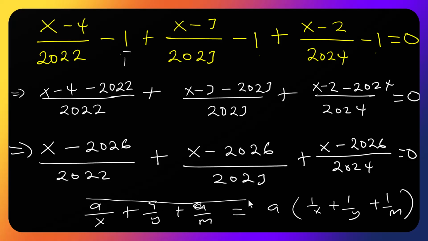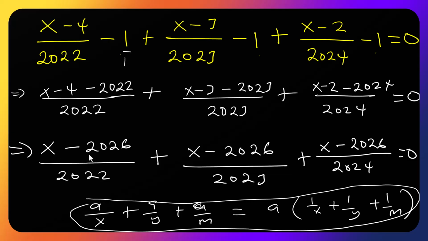So we have this one. So we can take x minus 2026 out.